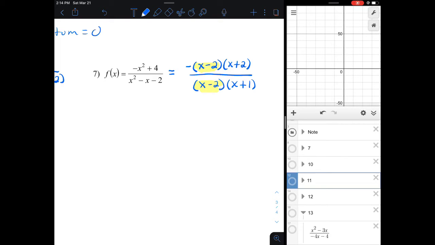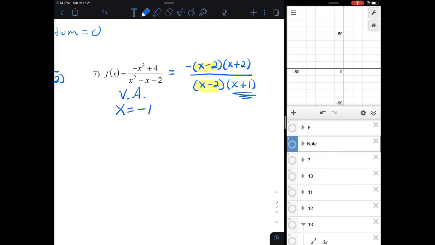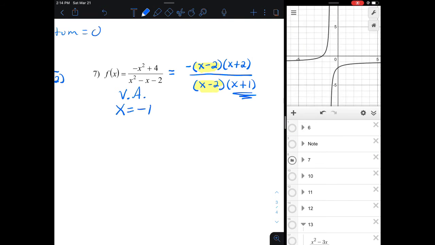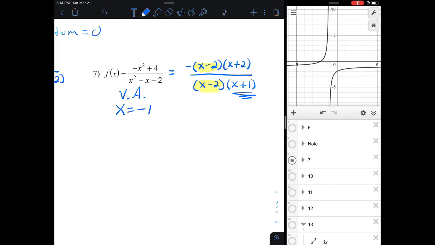My vertical asymptote is only going to be at x equals -1. And I want to look at that graph on Desmos. So let me graph number 7 here. We look, and I zoom in, I only see one vertical asymptote. I only see a vertical asymptote at -1. I'm looking at that scale. Every block is 1 unit.